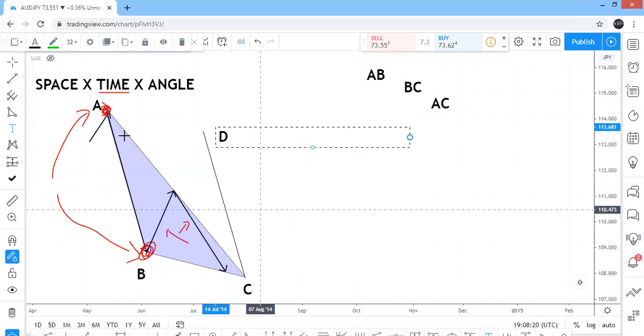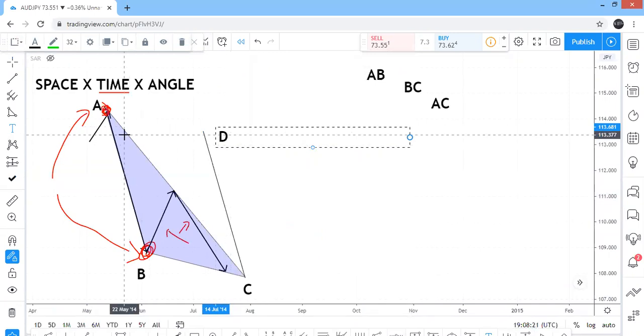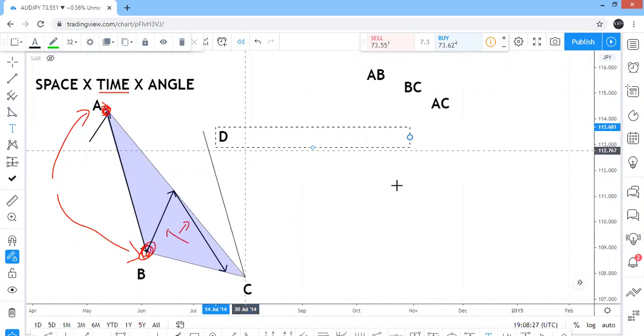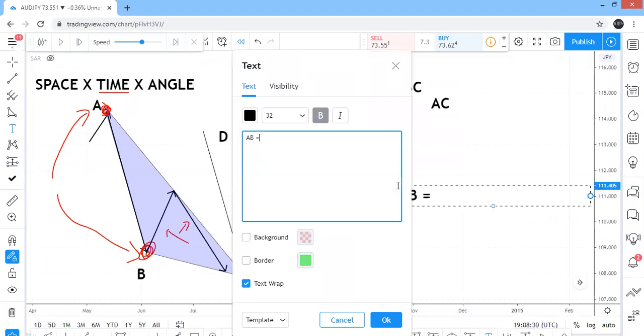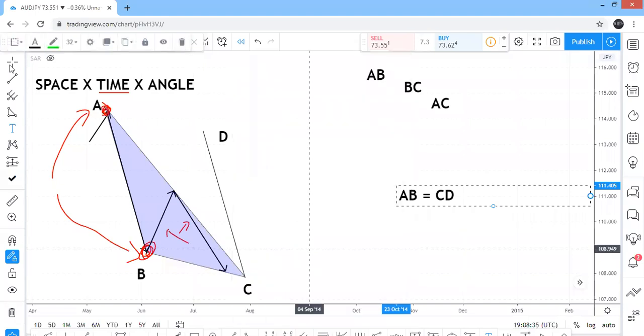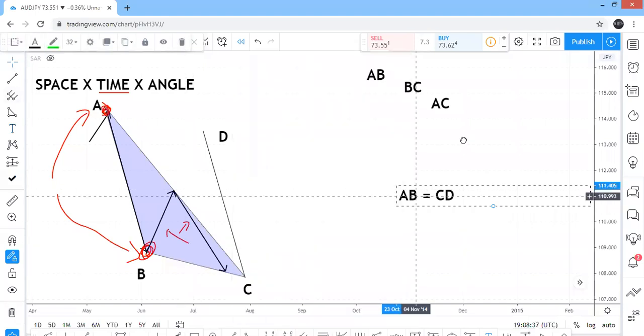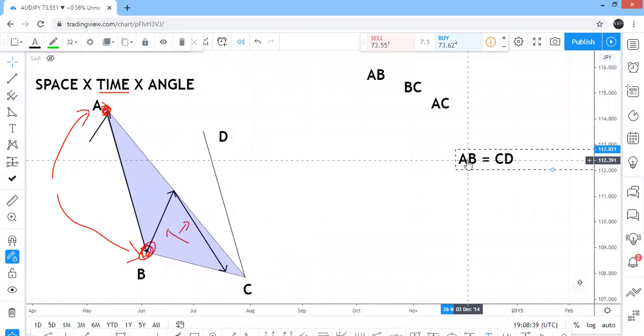We're pretty much saying that because we've been able to get the distance of AB, and it's the exact same distance as CD, we are now saying distance of AB is directly proportionate to CD. Exact same. Type in ABCD in the chat box if you're with me on this point.